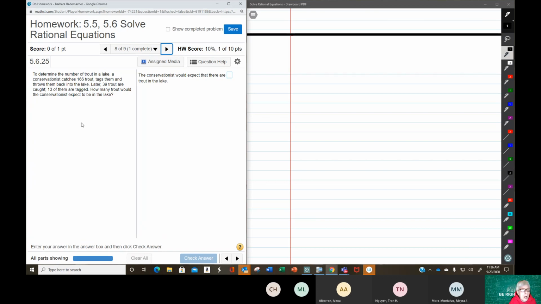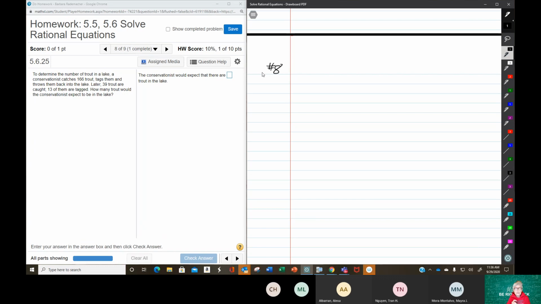Now the trout problem has appeared more than once. Let us do the trout problem. This is number 8 in your homework. To determine the number, oh, and this is true, by the way, so you might find it interesting.